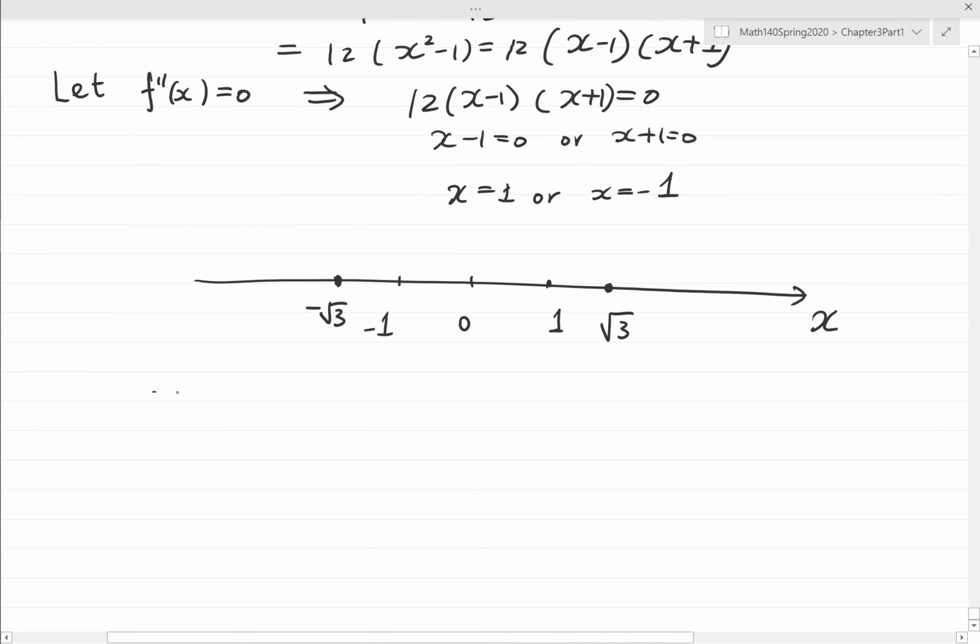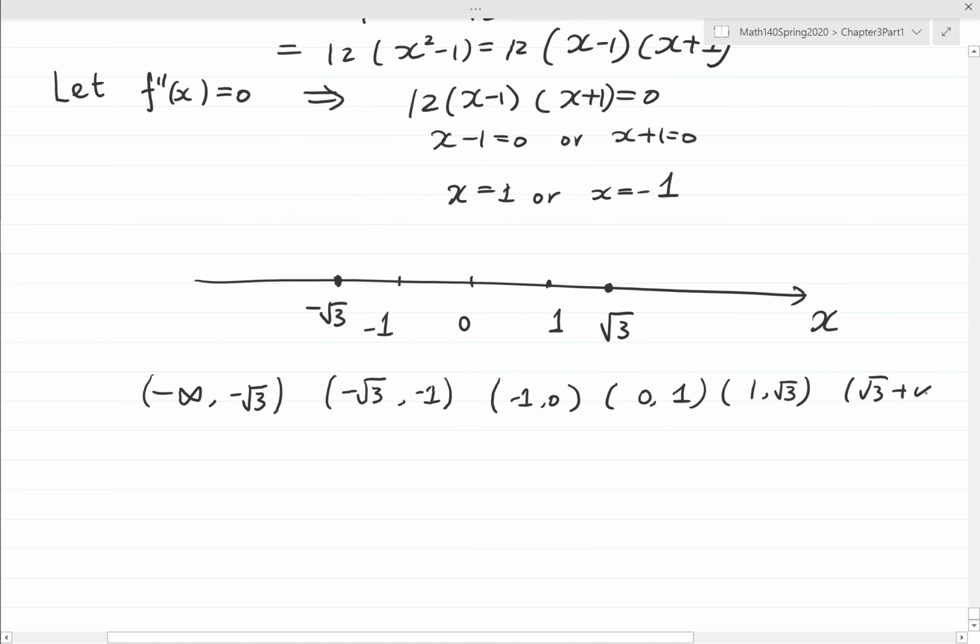So the intervals are negative infinity to negative root 3, negative root 3 to negative 1, negative 1 to 0, 0 to 1, 1 to root 3, and then root 3 to infinity.